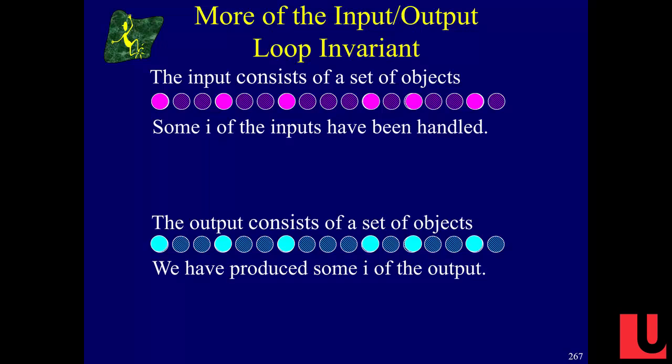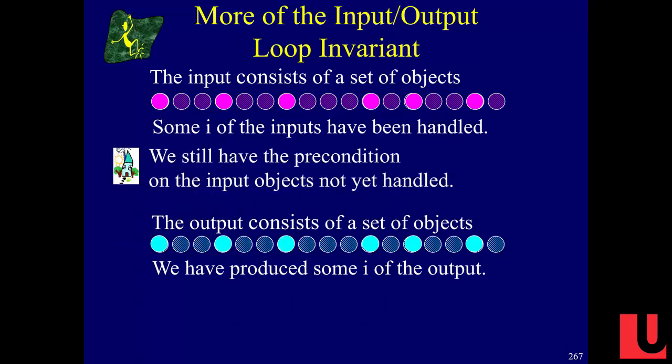So this is the output, what cake they have, right? And what do we know? We know that with respect to the input that we haven't done yet, we still have the precondition, right? We still say that for the people who haven't been given cake, there's enough cake out there that they're sufficiently served, that it's worth i over n, right?